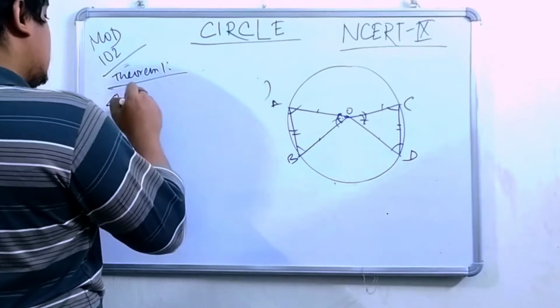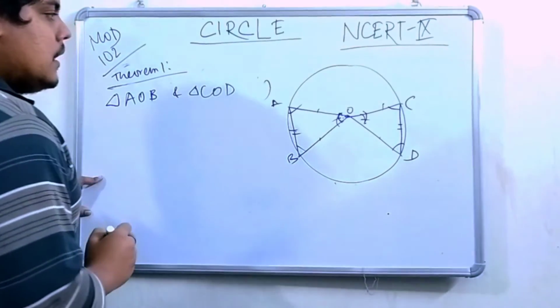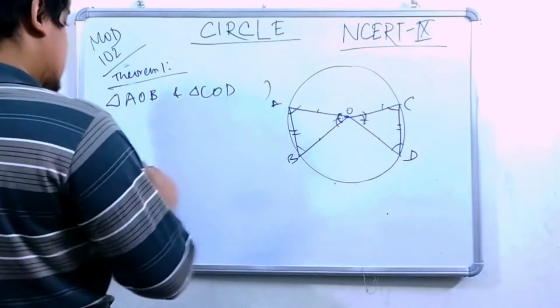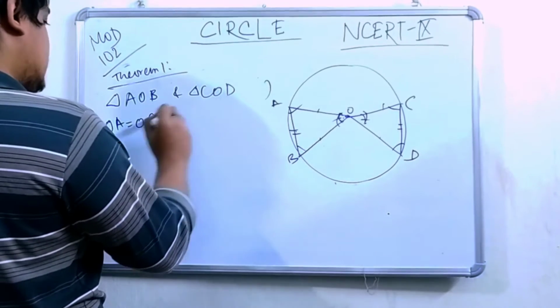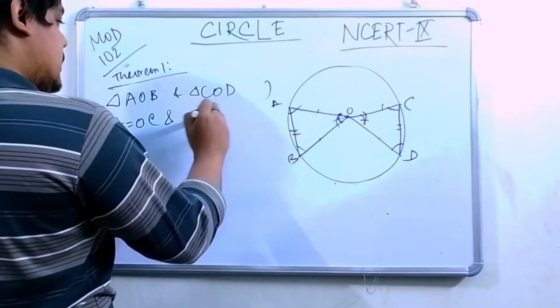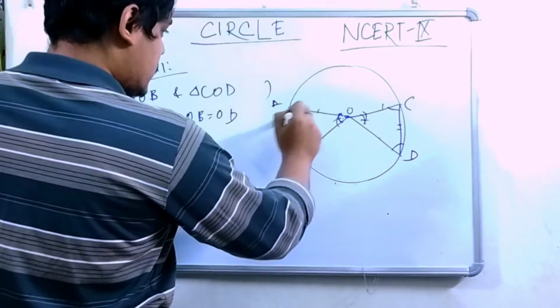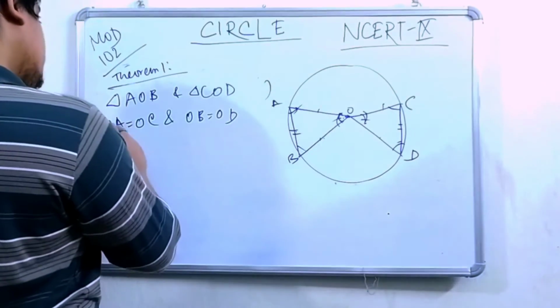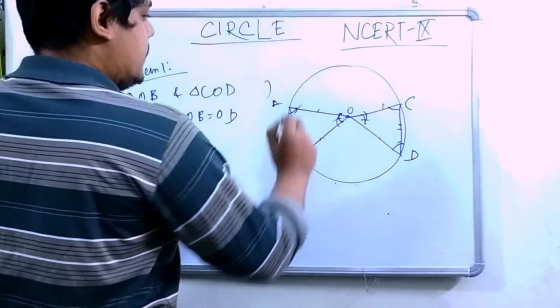So just consider AOB and COD. These two lines are equal, so OA is equal to OC and OB is equal to OD. Two sides are taken. Now these angles will be equal, so angle A is equal to angle D. I am taking the opposite angles.